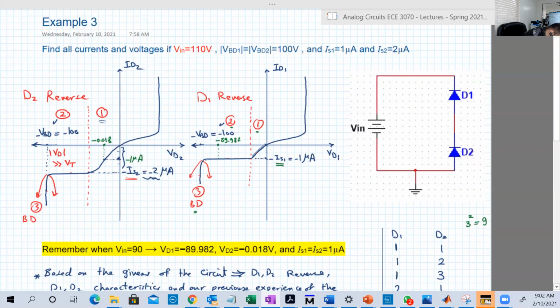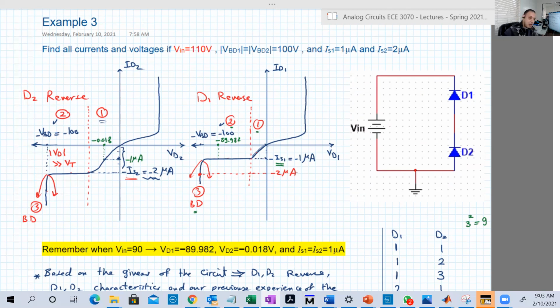So remember, this is the first point here at breakdown, which has IS, which is minus 1 microampere. So now we become 2 microamperes, something like here. So this is minus 2 microamperes. So yeah, when D1 is in breakdown, it can have a current of minus 2 microamperes, which exceeds minus 1 microampere, which is correct. I mean valid.